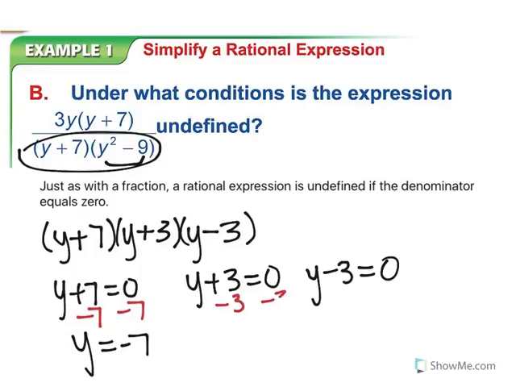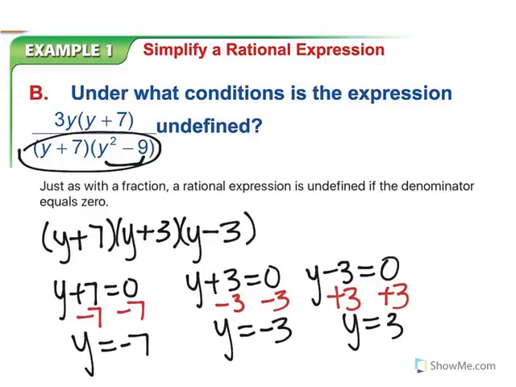We subtract 3, y is equal to negative 3. And then we add 3 to both sides, y is equal to 3. So that means this expression is undefined at negative 7, negative 3, and 3.